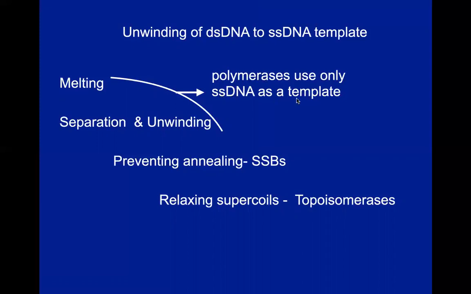They cannot use double-stranded DNA as a template. So this melting, separation and unwinding is essential. And annealing is prevented, as I said previously, by single-stranded binding proteins. Now, when the tightly coiled double-stranded DNA starts unwinding, there will be supercoil formation beyond the site of unwinding. Those are relieved by the enzymes topoisomerases.